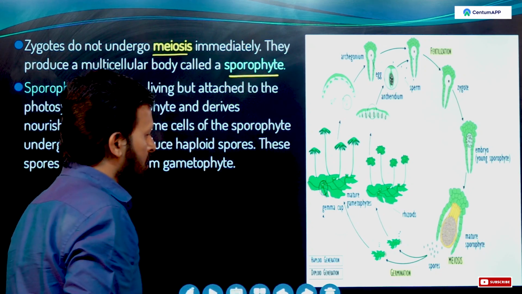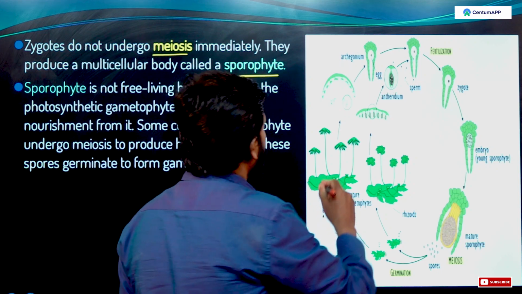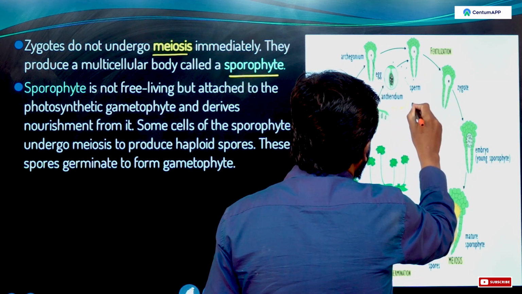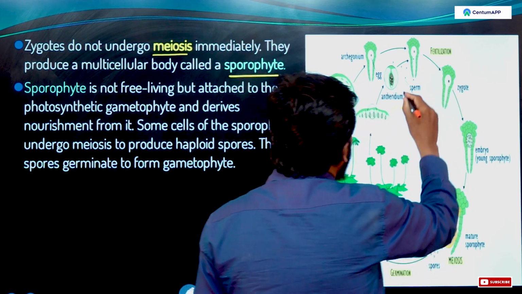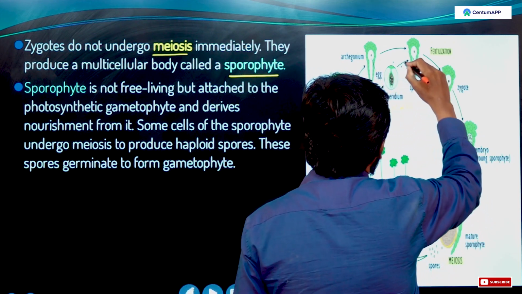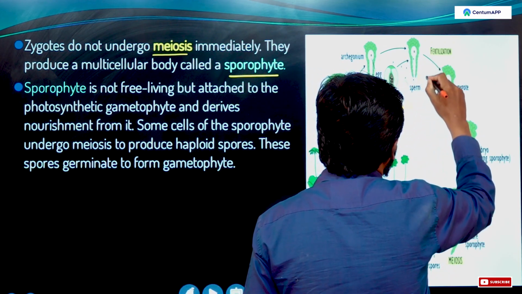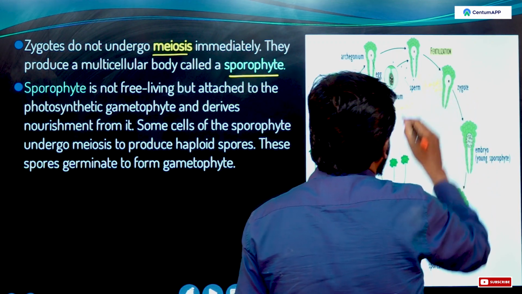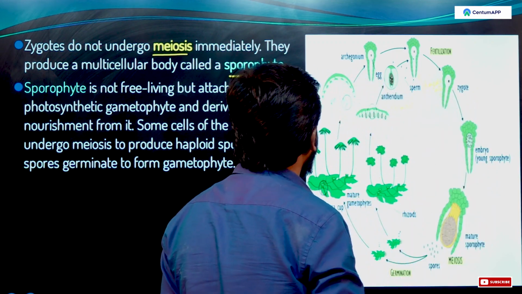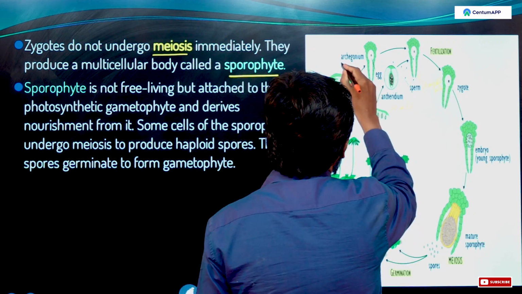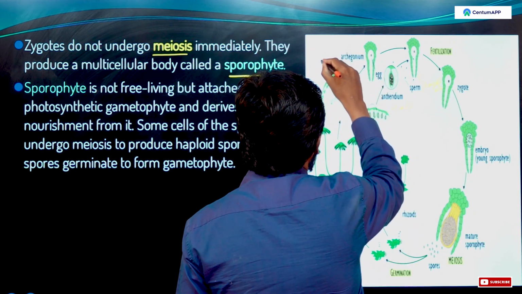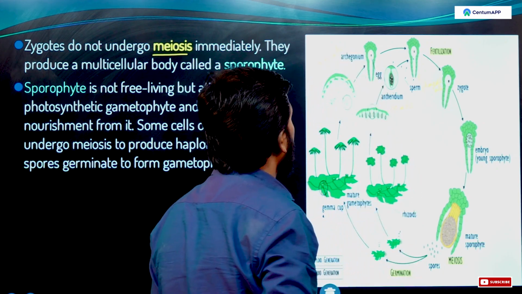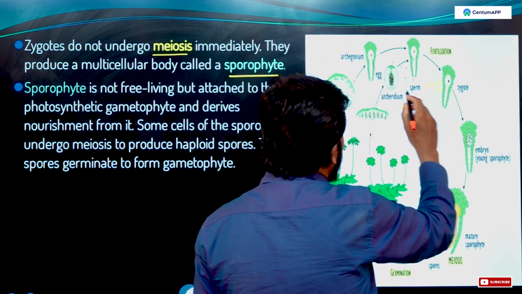This is Marchantia. The antheridium, the male sex organ, produces biflagellate sperms, and the archegonium, the female sex organ, is flask shaped.